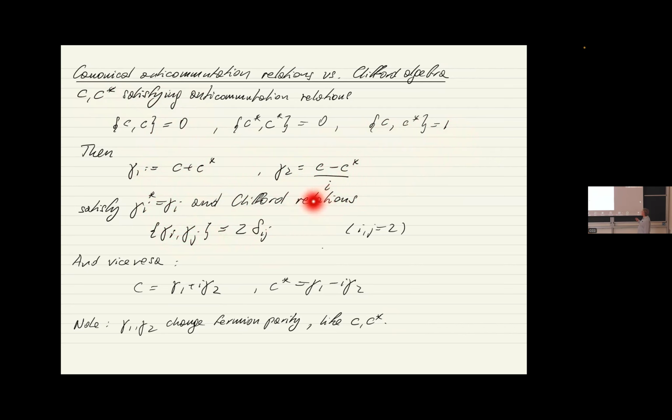And they satisfy other relations that replace those above, which are called Majorana relations. And vice versa, if you have gamma 1 and gamma 2 that are Hermitian and satisfy that, you can write c. So gamma 1 and gamma 2 are just the real and imaginary parts of c, and you can write down the Hermitian conjugate, gamma 1 minus i gamma 2. And they will satisfy the canonical anti-commutation.